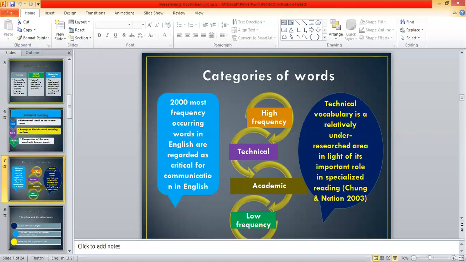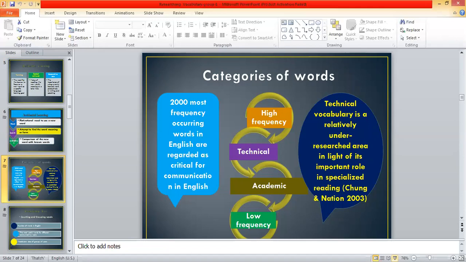Basically, the technical vocabulary is a relatively under-researched area in light of its important role in specialized reading. Technical vocabulary is less common. I mean, people usually don't research technical words. The 2,000 most frequently occurring words in English are regarded as critical for communication in English.